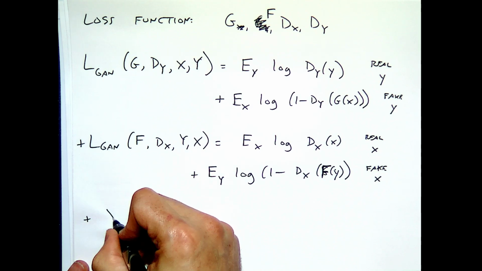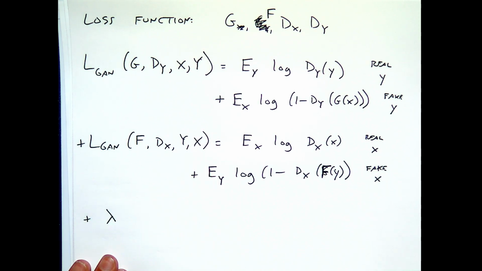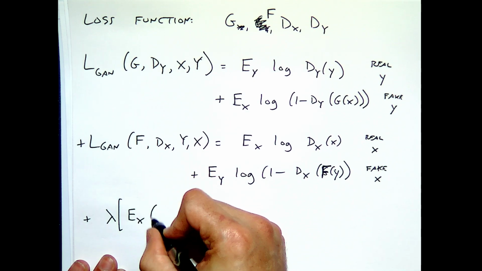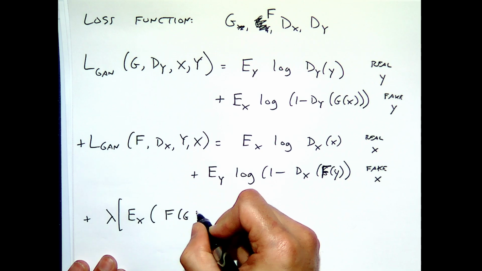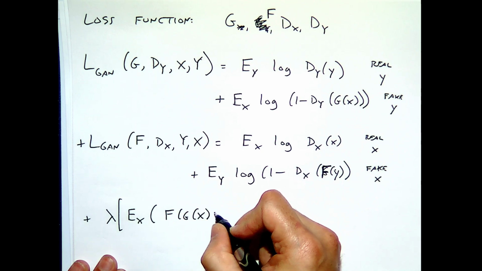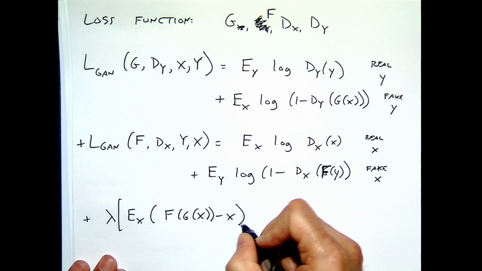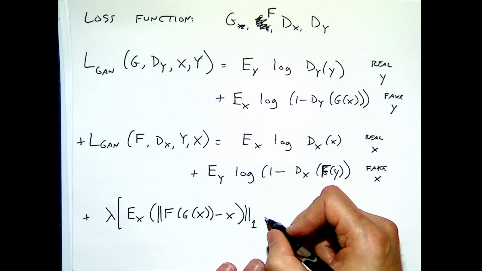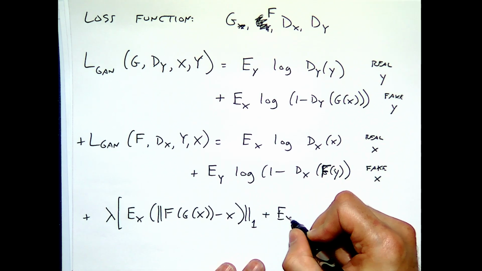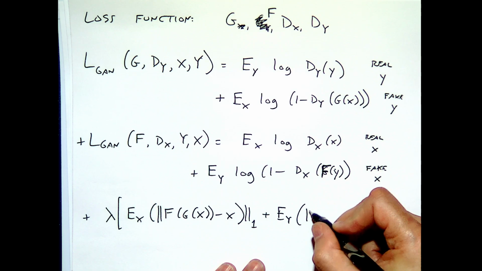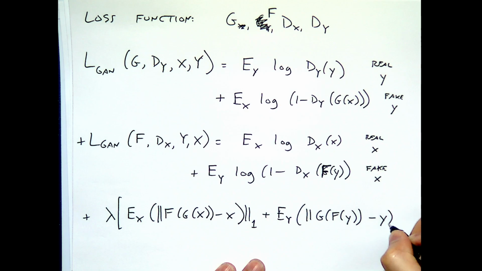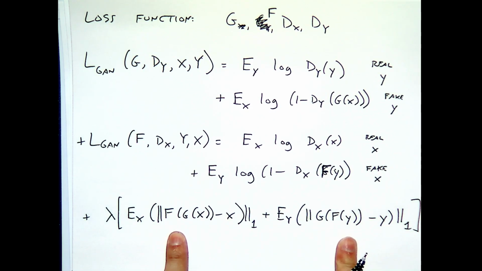And then I have a couple of terms that tell me about the cycle consistency, right? It's like saying I try to get the f of g of x minus x to be low. And I could call this like the one norm of this vector. And then I also want the other way to work too, right? So I have g of f of y minus y. I want that to be low. So this part is like the cycle consistency term.